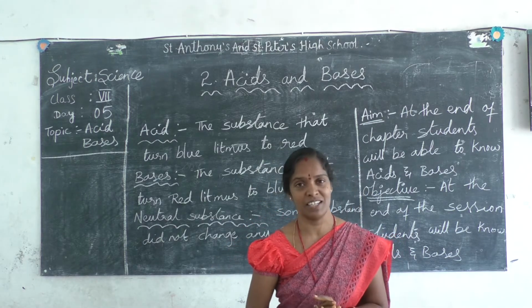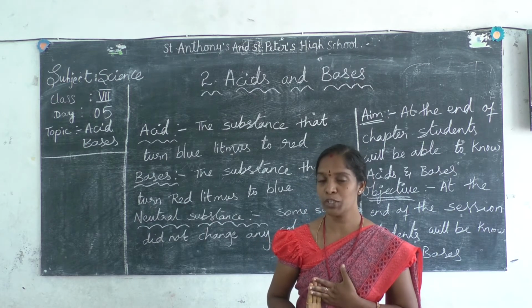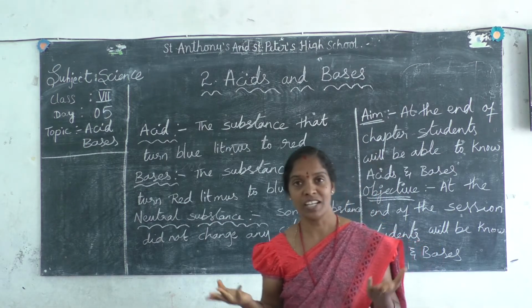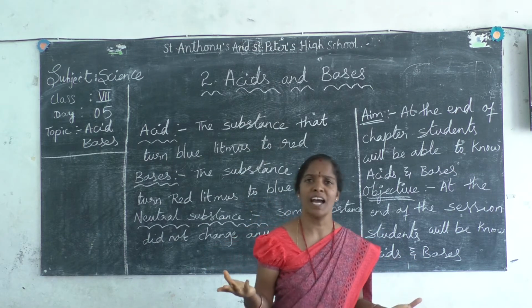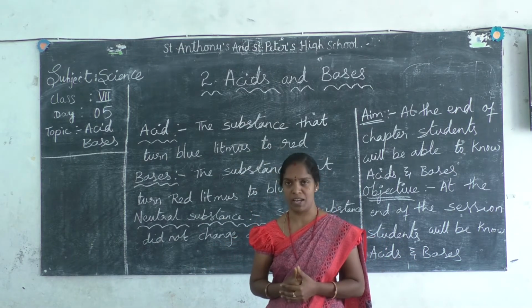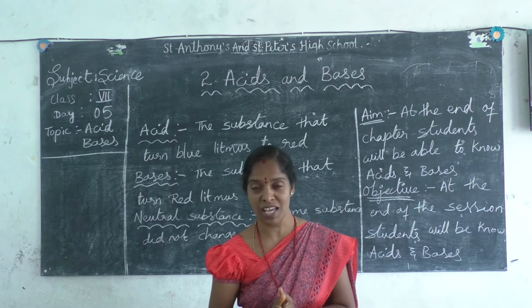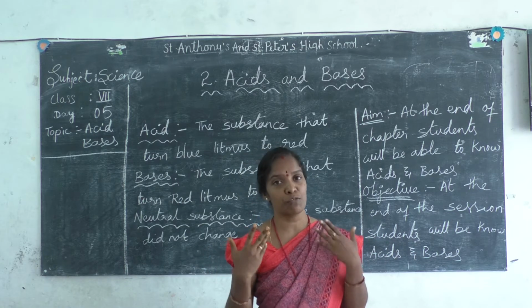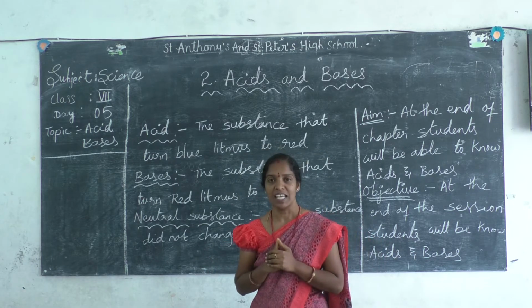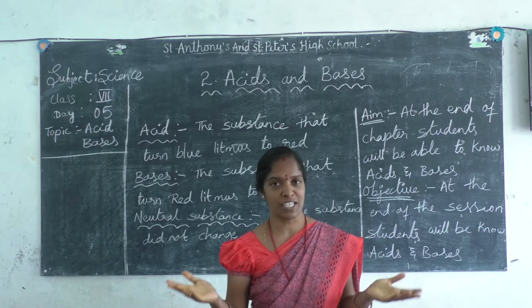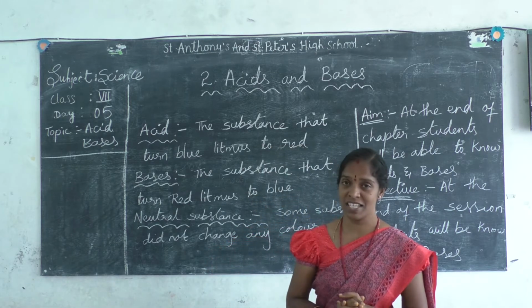Examples of indicators are turmeric and beetroot, which are natural indicators. Many other artificial indicators are also available in the market, but turmeric is a natural and very well known indicator. In our last class, we discussed acids and bases.